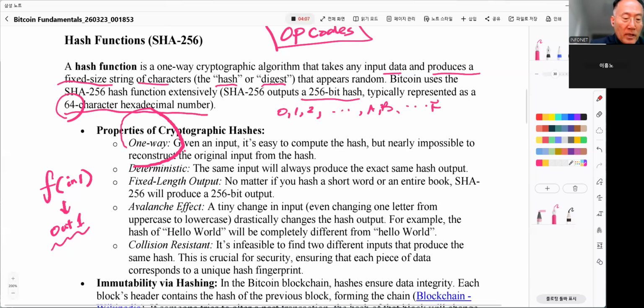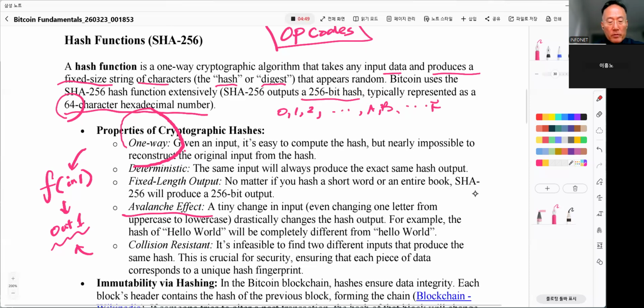That's what it is. So if you change a little bit in the input, the output changes dramatically, and that number looks random. And it is called avalanche effect. A tiny change in input, even changing a single letter from uppercase to lowercase, or you place a star in the sentence, will dramatically change the hash output.